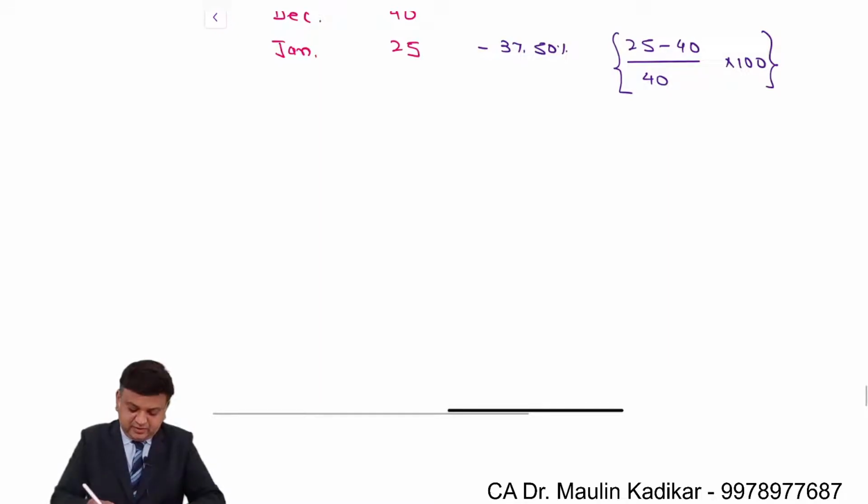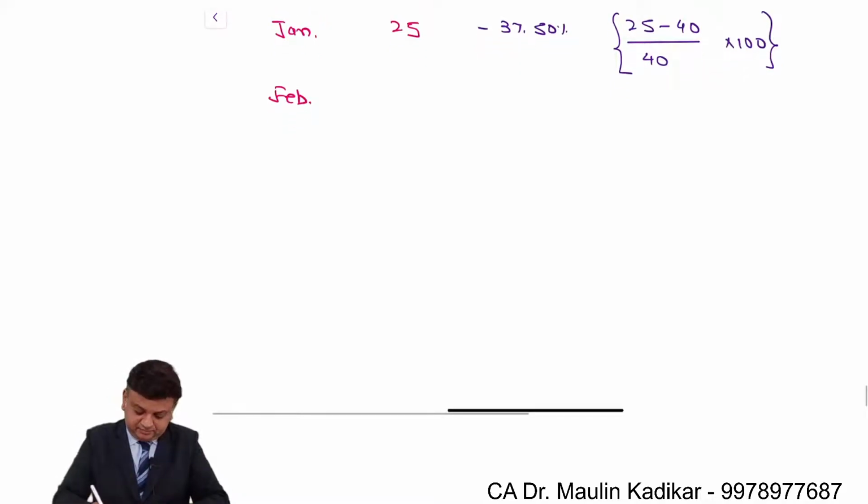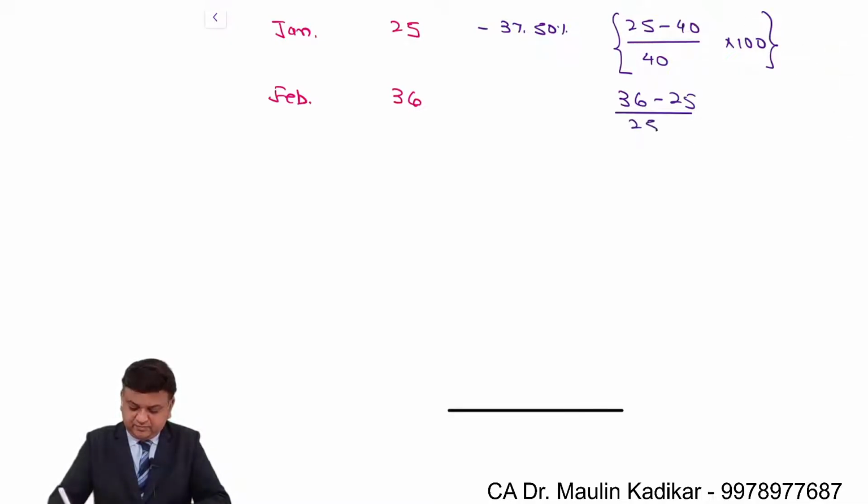Next is the February month. Net asset value is 36. So the percentage change in NAV is 36 minus 25 upon 25 into 100.